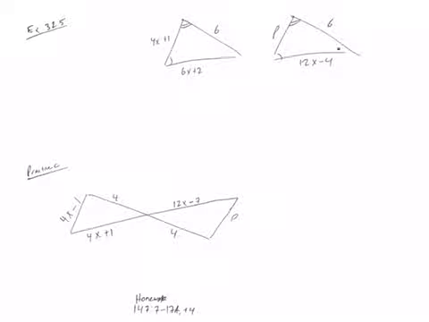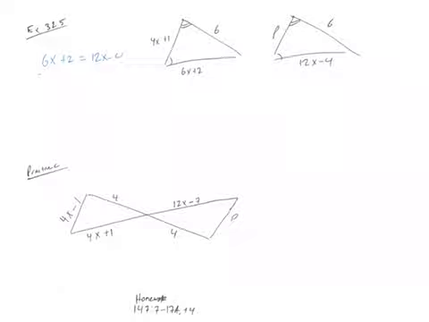So because my triangles are congruent, I can say this side length is equal to this side length. So I can say 6x plus 2 is equal to 12x minus 4.